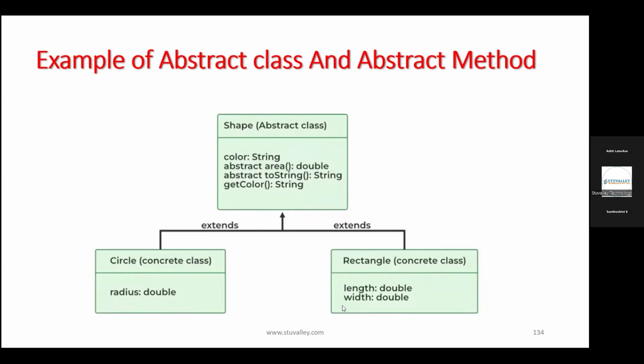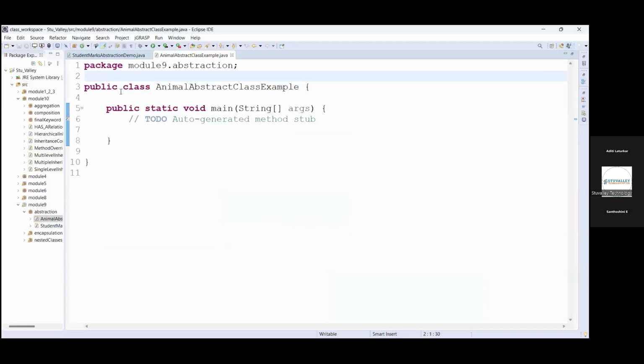Basically, the calculation formulas are different for the area of a circle and the area of a rectangle. Similarly for the other shapes as well, right? So, coming back to this Animal example, here we will create one abstract class Animal.